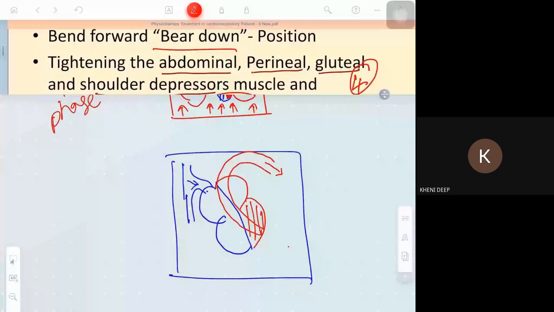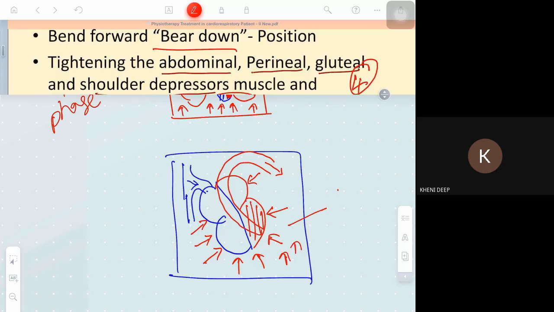When the intrathoracic pressure is increasing, there will be external pressure. Indirectly, there will be pressure on the heart from outside, within the thorax but outside the heart. Clear? So the pressure is increasing during cough.